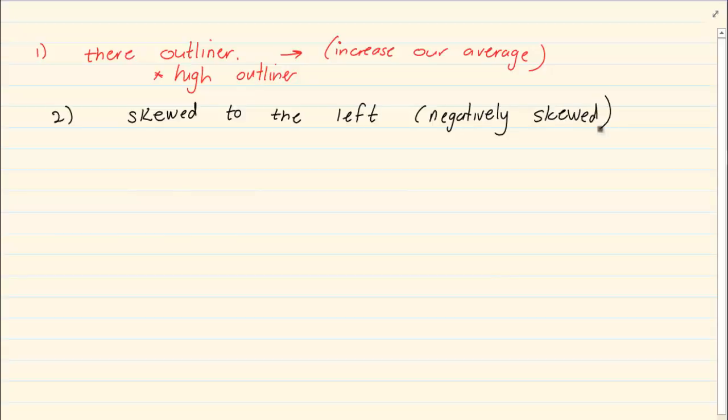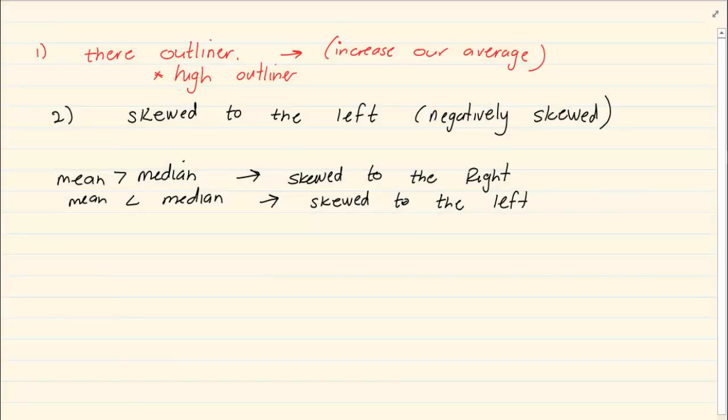But you cannot just assume that, because in order for data to be skewed to the left or skewed to the right, we have to worry about the mean. Now, when the mean is greater than the median, then it is skewed to the right. And when the mean is less than the median, then it is skewed to the left. So, even though the drawing is telling us certain information, you need to go and see, okay, what was the average of this drawing?